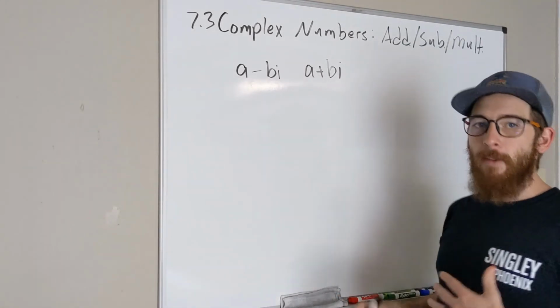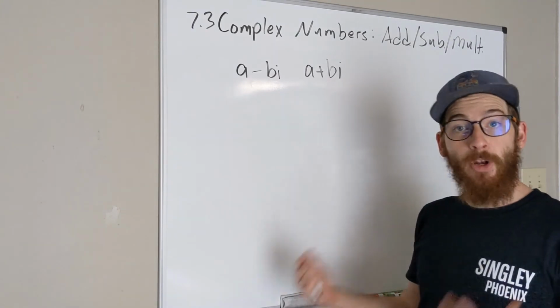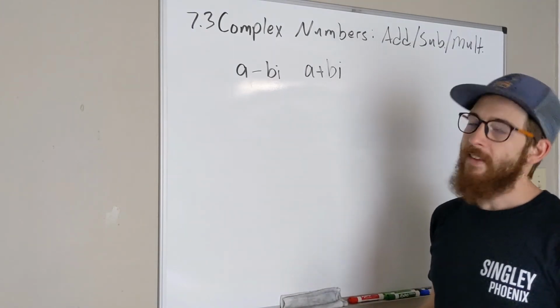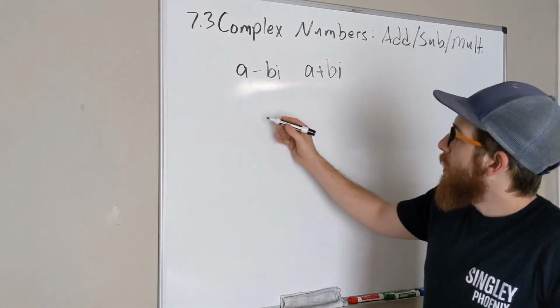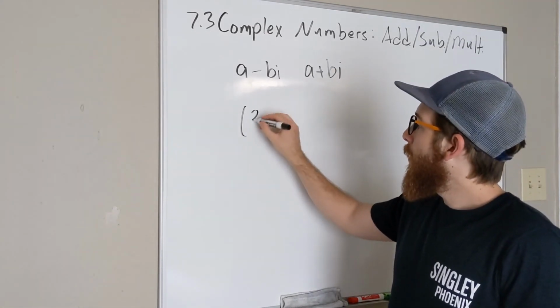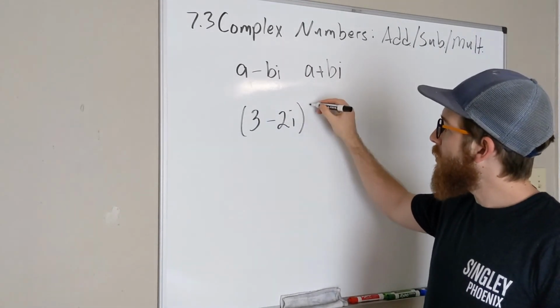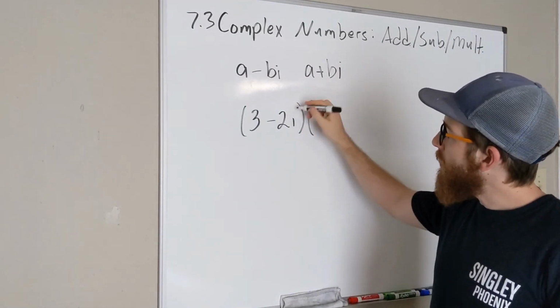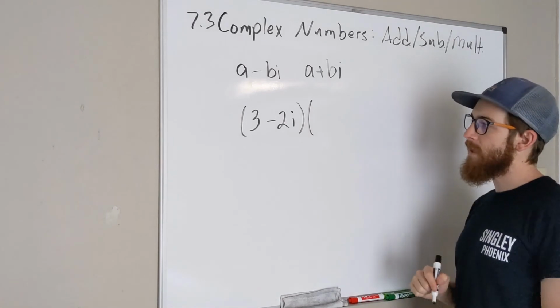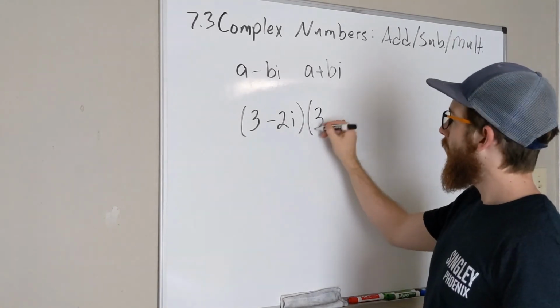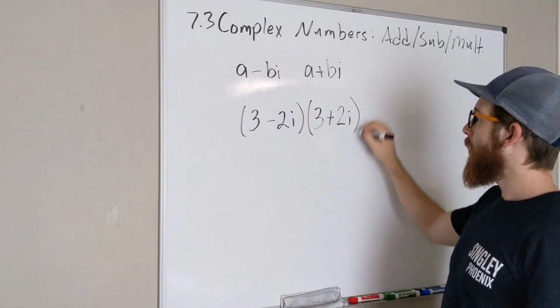So in other words, if I multiply these two things together, the middle pieces are going to cancel. That's what we want. That's what we're trying to do. So if I say 3 minus 2i, what's the complex conjugate of this piece? You would say, well, 3 plus 2i.